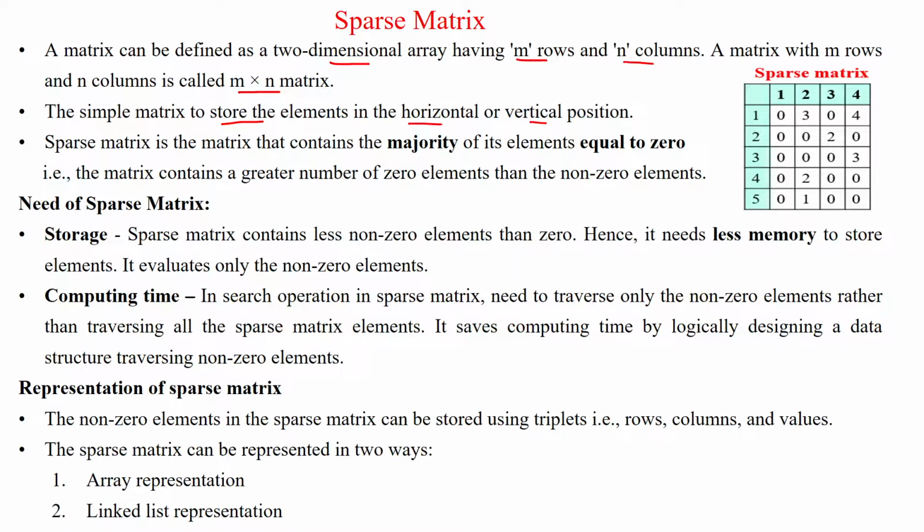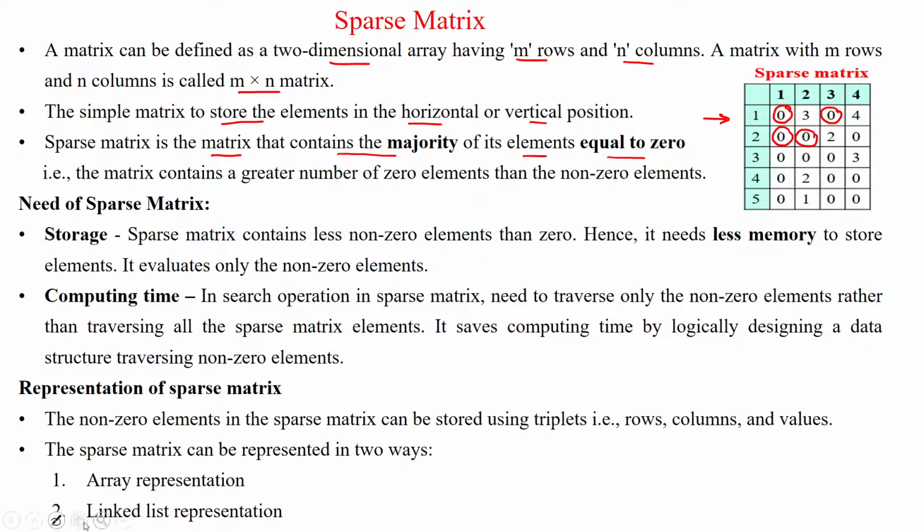The sparse matrix can be defined as the matrix which is having the majority of its elements equal to 0. For example, here is a given sparse matrix, where the majority of the elements are 0 elements.